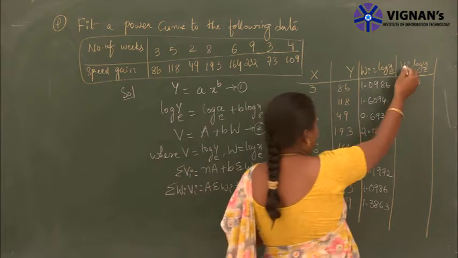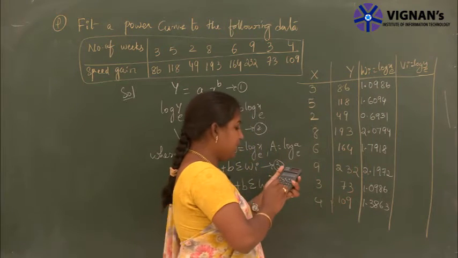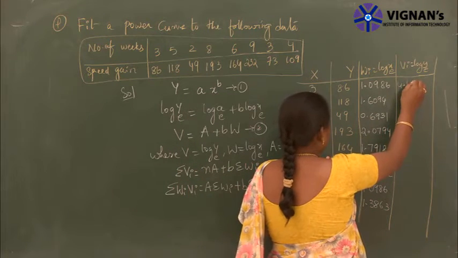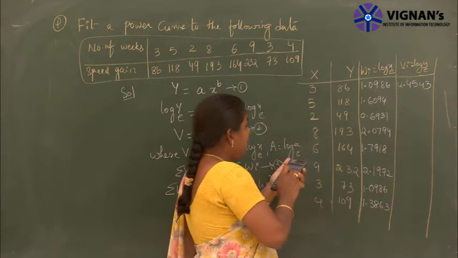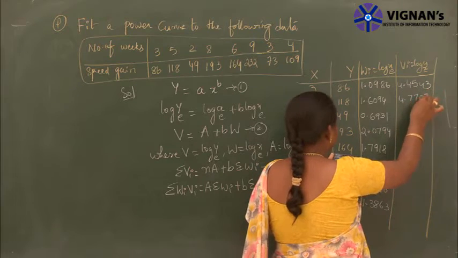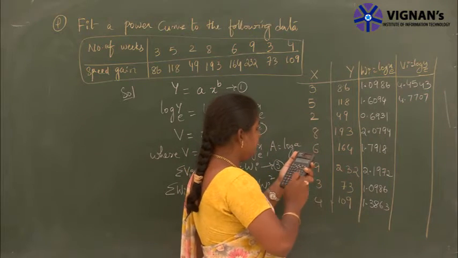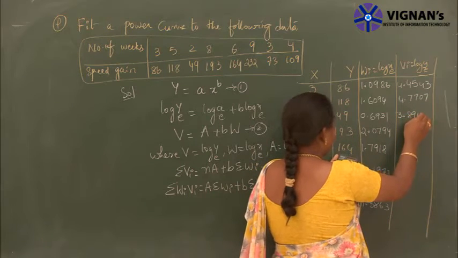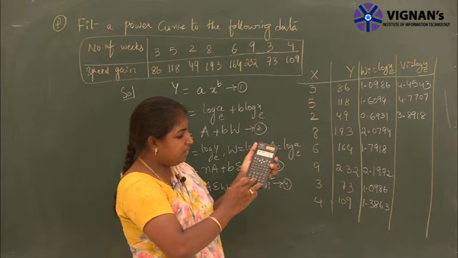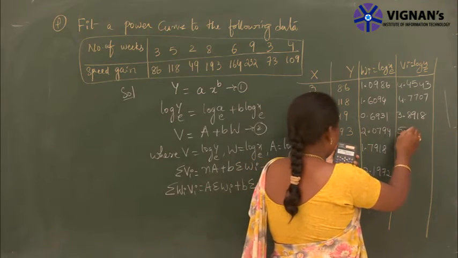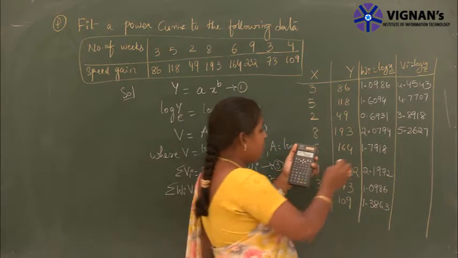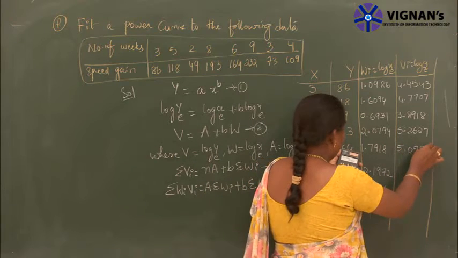Vi means we are taking the logarithm of the y values. So that is ln 86, 4.4543. ln 118, 4.7707. ln 49, 3.8918. Next ln 193, that value is 5.2627. ln 164, 5.0999.